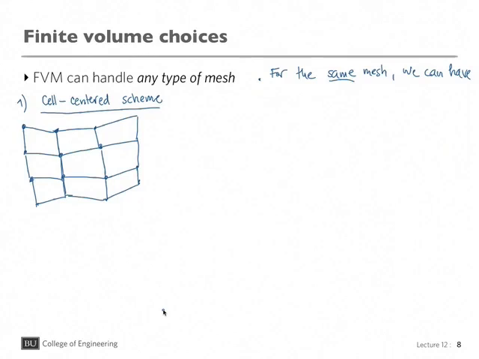And so in the cell-centered scheme, we would have in the center of the cell, this would be our point ij, and so the one on top would have point ij plus 1. So what we're saying is that the control volumes are identical with the grid cells, but the flow variables are located at the center of the grid cells.